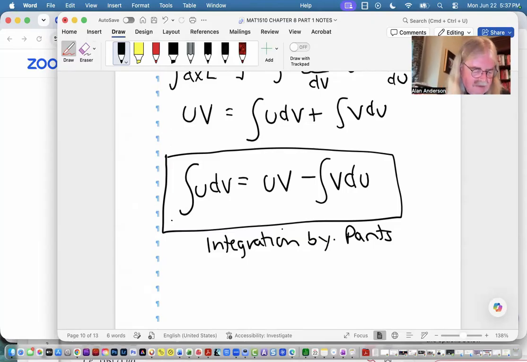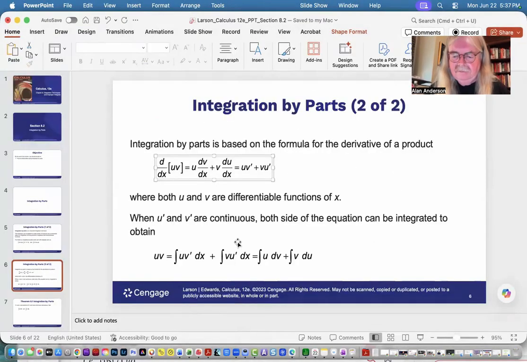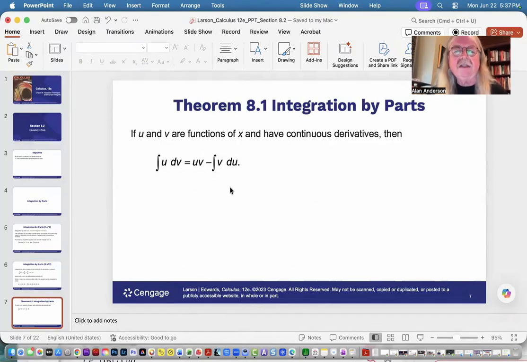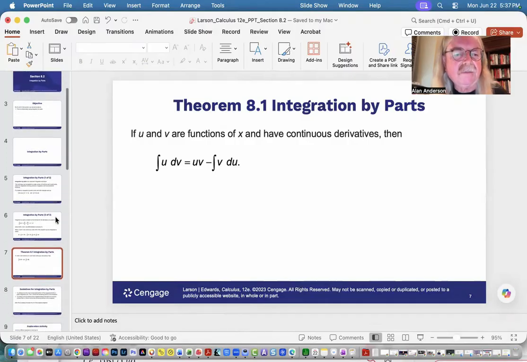All right, so let's see what examples they have for us. Here, oh yeah, so that's what we're after right there. Of course, as always, there's assumptions going on behind the scenes. We're assuming that these functions have continuous derivatives, but assuming that's the case, then we're all set.